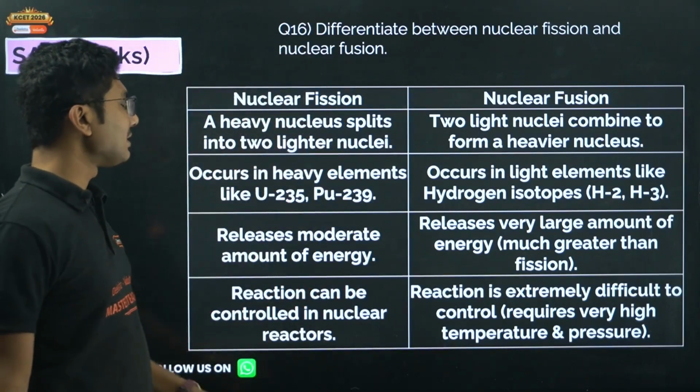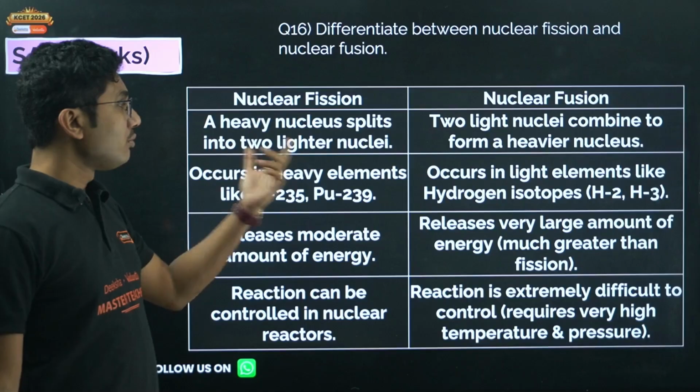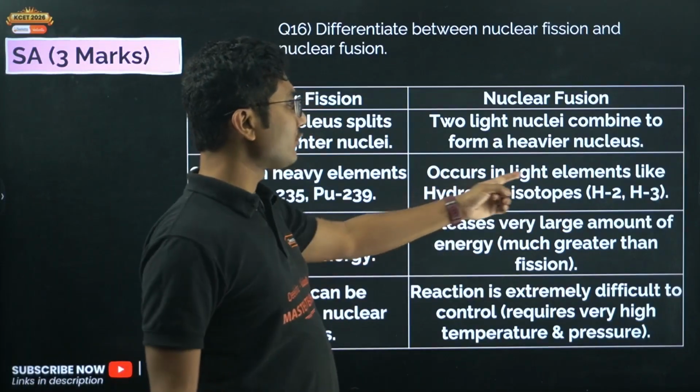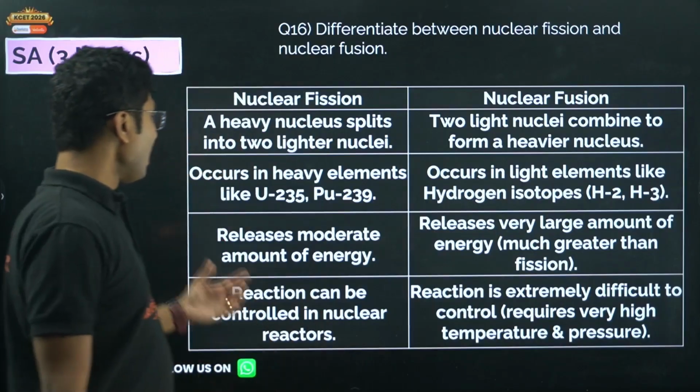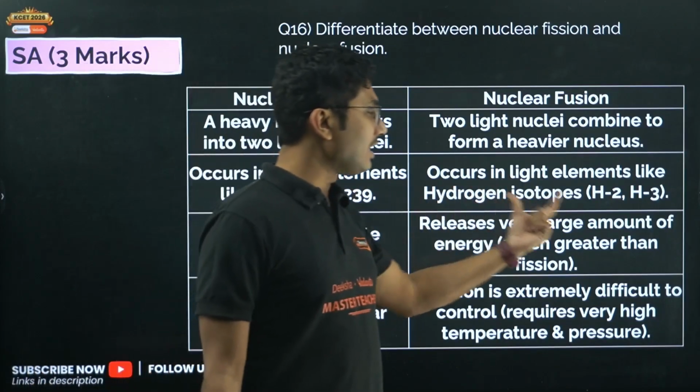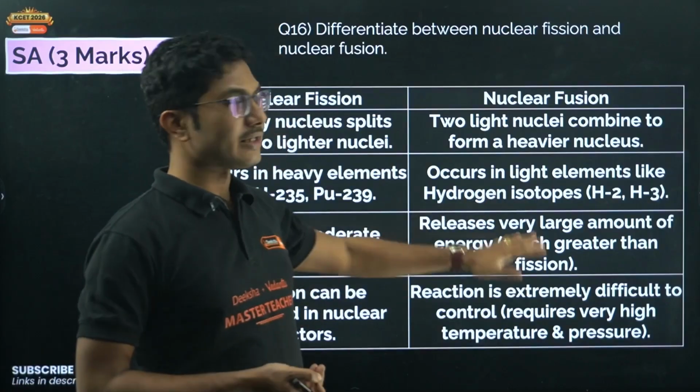Fission occurs in heavy elements like uranium-235, plutonium-239. Fusion occurs in lighter elements like hydrogen isotopes H2, H3. Fission releases a moderate amount of energy, fusion releases a very large amount of energy, much greater than fission.